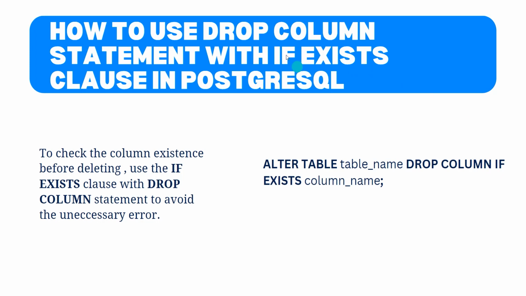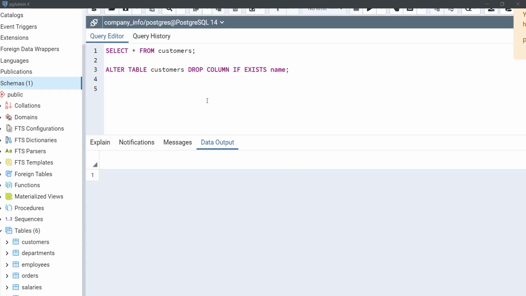Let's quickly jump to an example and see. Now, for example, we are going to use the same table customers, and let's assume that we don't know whether the column name exists in this table or not. So execute this statement, alter table, then specify the table name.